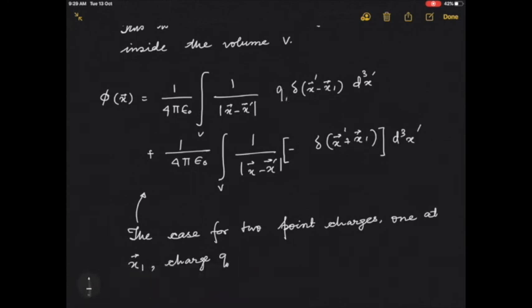I'm sorry, these are q zeros, not rho zeros. And the other at minus x1, charge minus q0. Right?